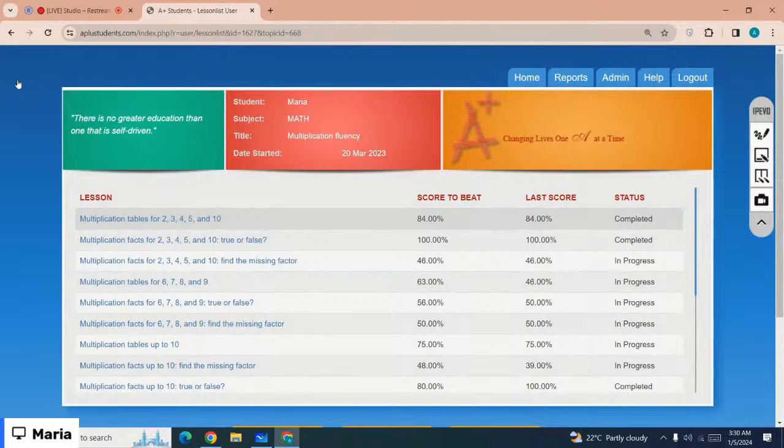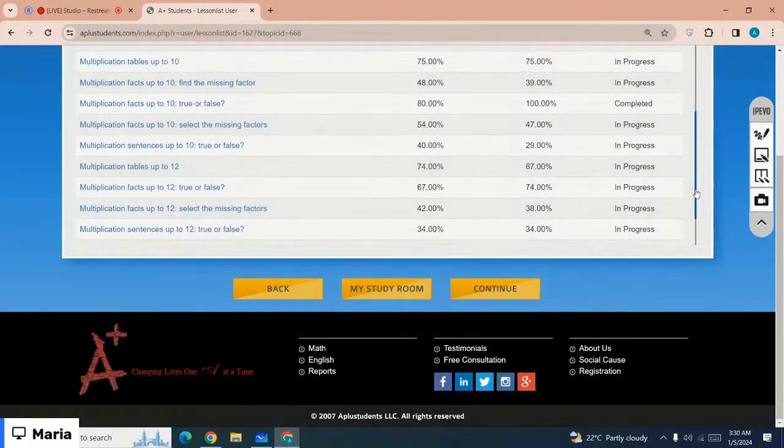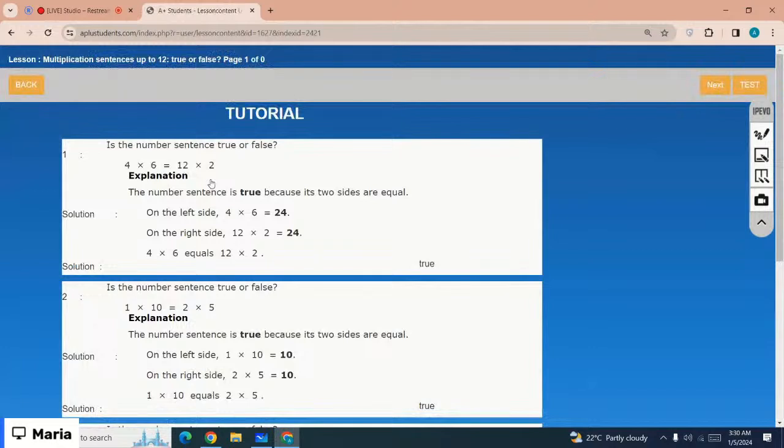Okay, the next lesson is multiplication sentences up to 12, true or false.